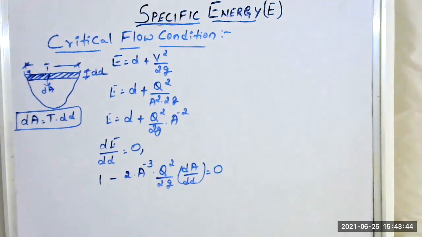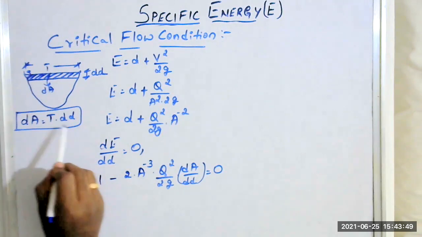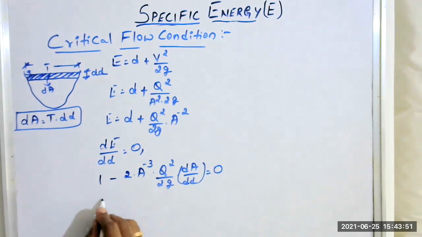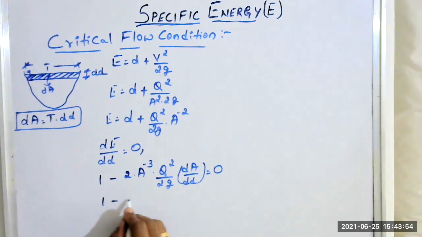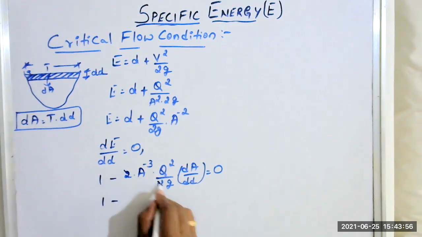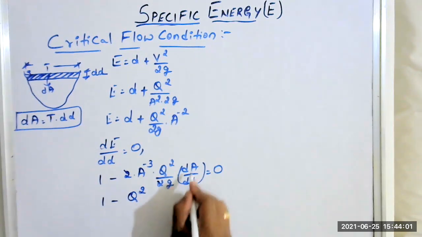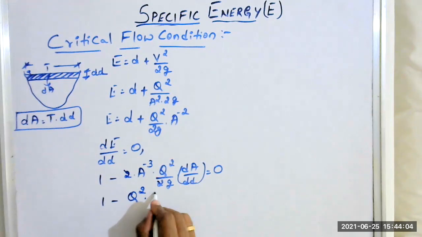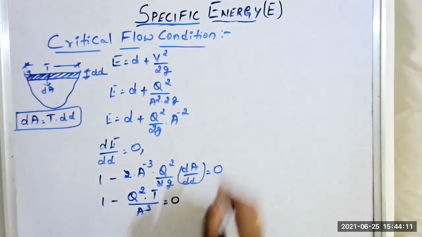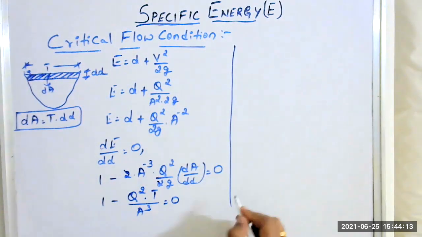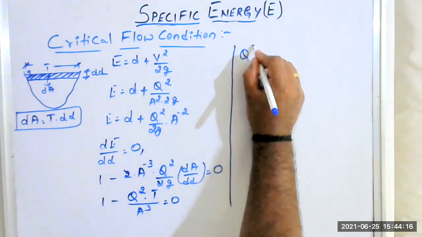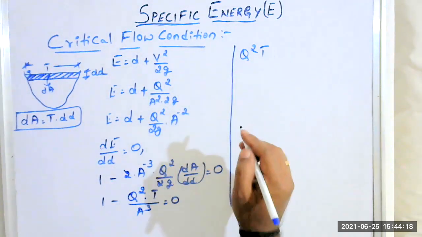Clear? Now, what is dA divided by dd? You can observe here, dA divided by dd is T. That I'll apply here. That is 1 minus, this 2 and 2 cancel. Remaining is q square, this dA by dd is nothing but T, divided by a cube, is equal to 0. Further, I'll write here: q square T.